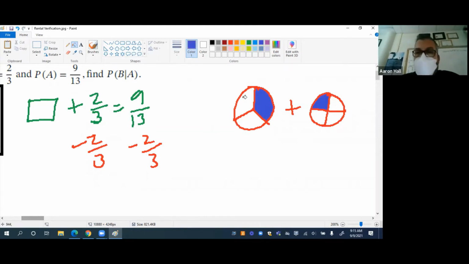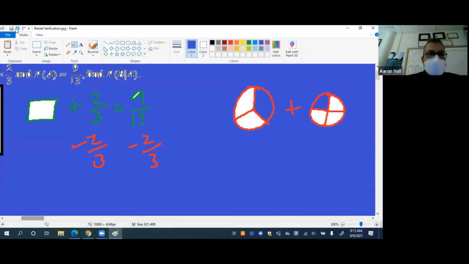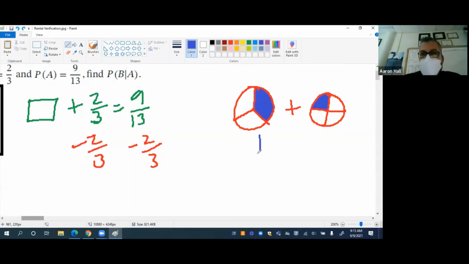So after a party, there's this much pizza left. Well, how much pizza is that? Well, I don't know. So this is 1/3 and this is 1/4.